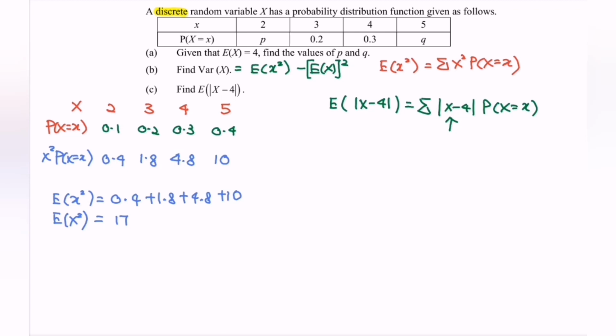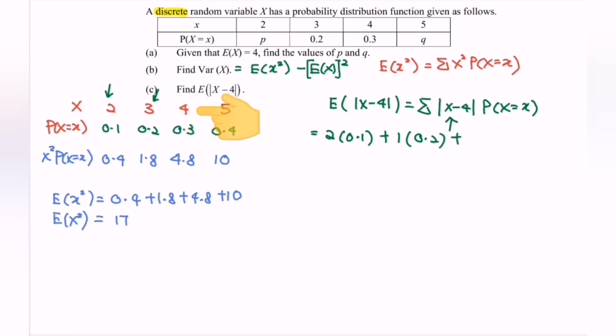If we substitute the 2, we have 2 minus 4, with the modulus, the answer will be 2. Multiply with the probability for 2, which is 0.1. Plus, if we substitute 3, we will have 1. Continue. x is equal to 3 just now, so the probability will be 0.2.